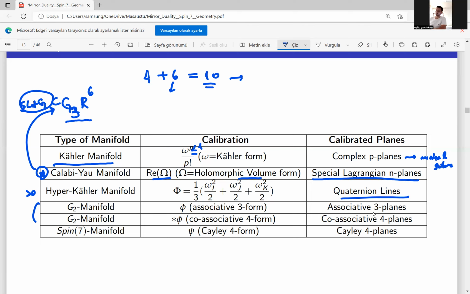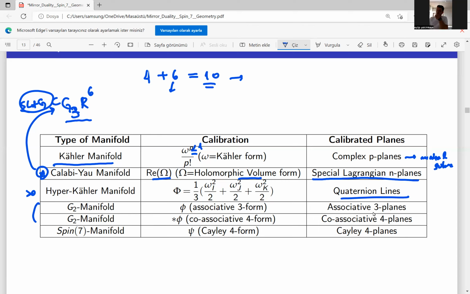And G2, the imaginary octonions, has 2 different types of submanifold. One of them is associative 3-planes, one of them is coassociative 3-planes. G2 is defined with phi, and this phi restricted to a submanifold, okay, and this submanifold is somehow a minimal submanifold.